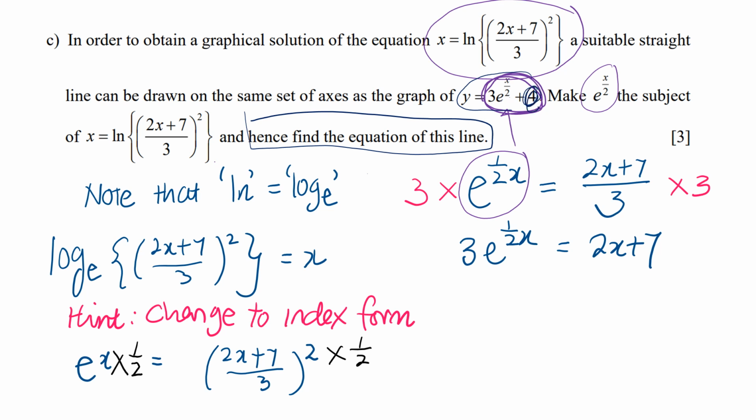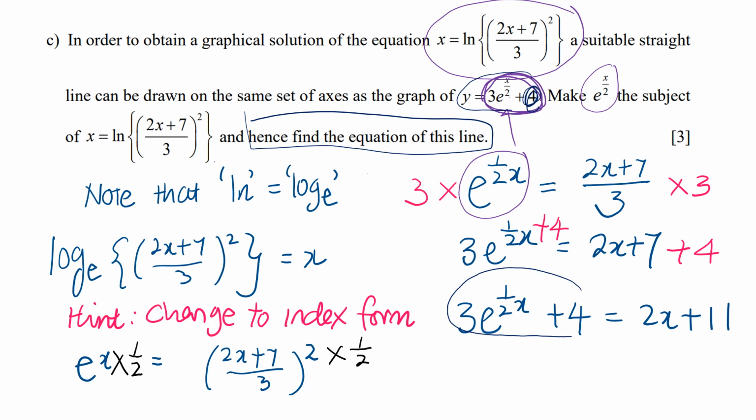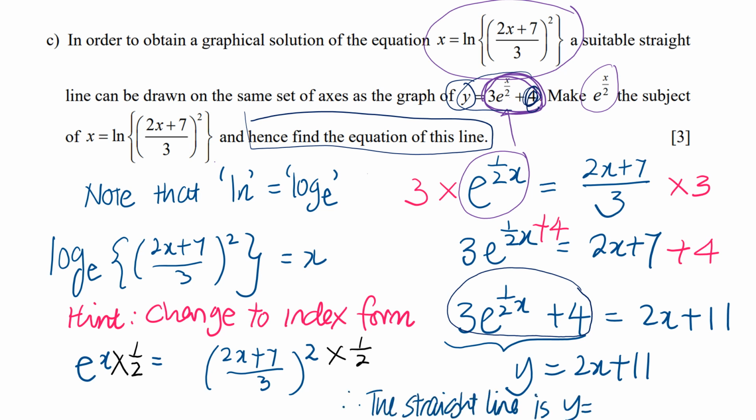So I need to add 4 on both sides. Right, so what happened now? You will see that I'm going to replace this one with y. So therefore, the straight line that I need to draw is y equals 2x plus 11. Okay, and this is how you solve part C.